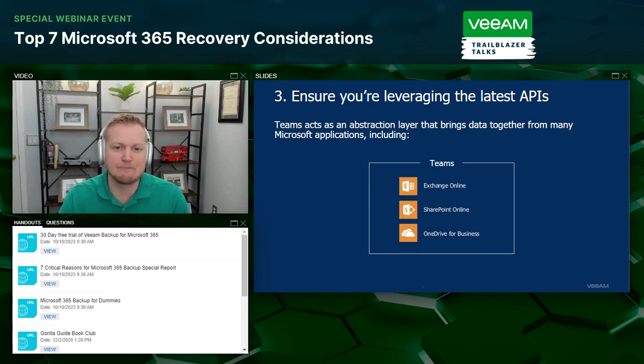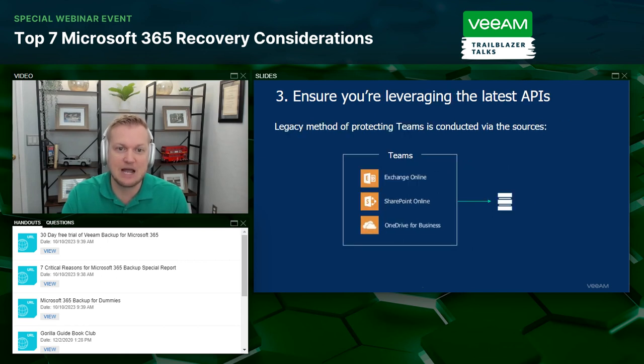And when we think of an application like Teams, which relies so heavily on the APIs for the backup, we start to realize that Teams itself is an abstraction layer that brings together a lot of these applications, right? So it's only a front-end application that has this on the back end. And there is a legacy way that a lot of organizations are protecting Teams.